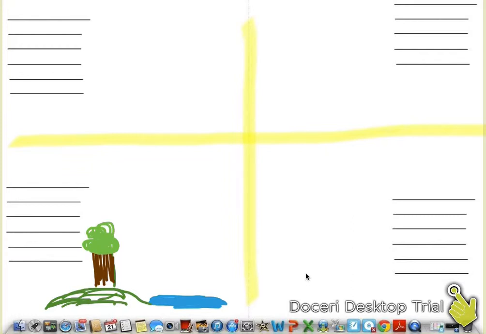All right? In the top left box, you're going to have some clouds. It can, but just try to keep it in that top left area.